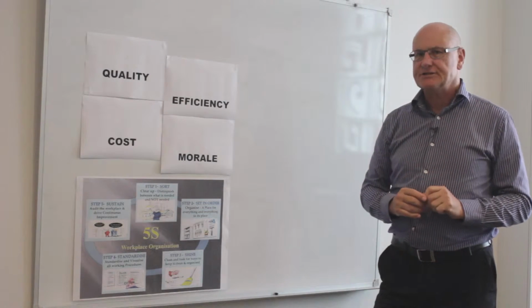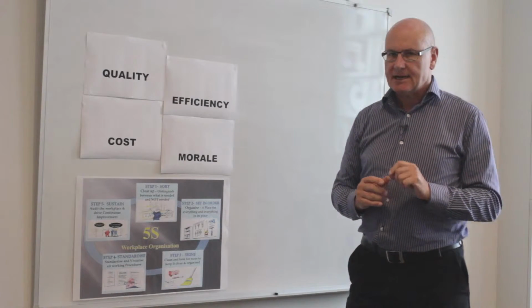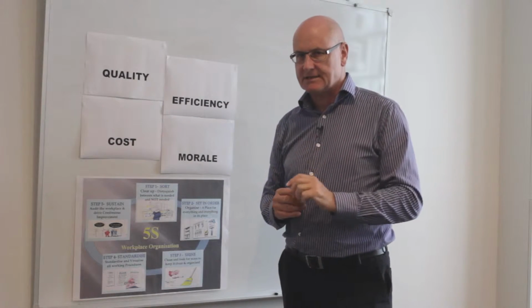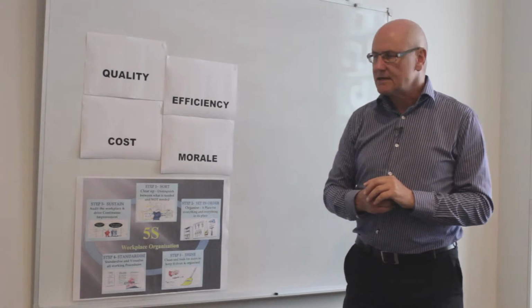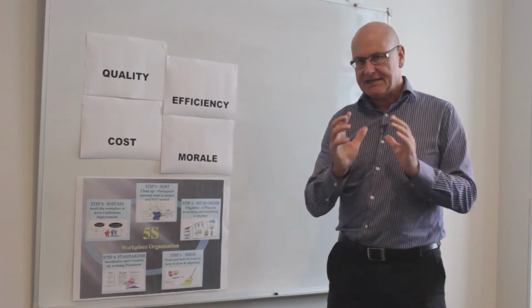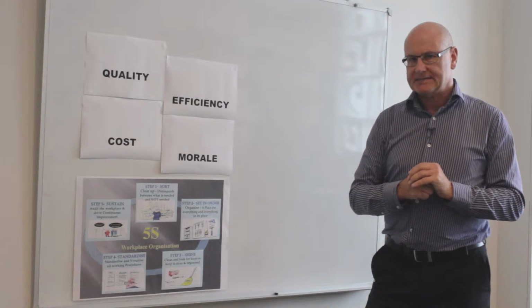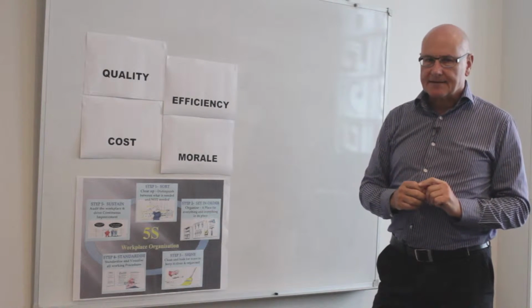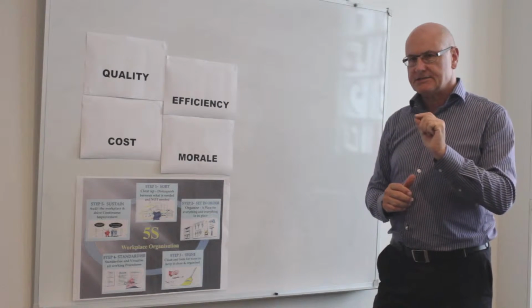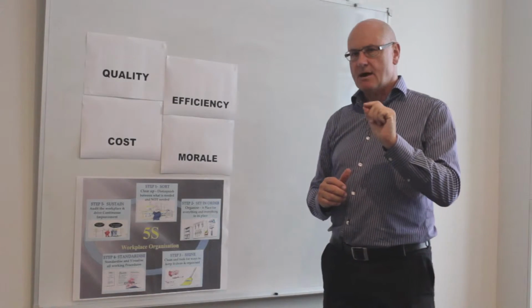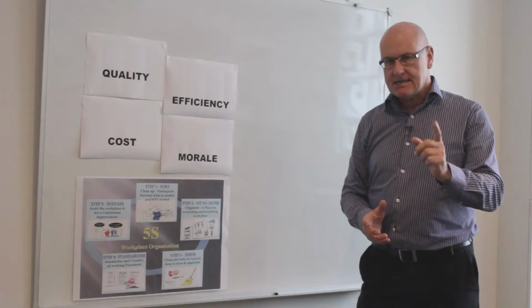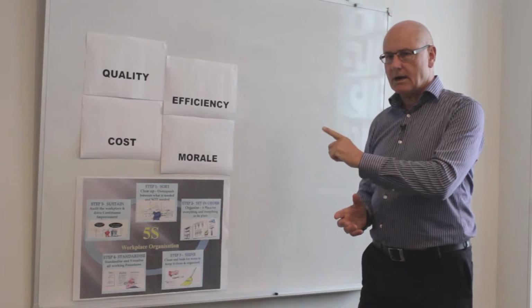Before I introduce you to the 5S elements, I'd like to talk to you about the most important question that you need to ask when you move through each of the 5S elements. 5S challenges our thinking, and the question that you need to ask yourself is why. So as you look around the workplace, keep asking yourself why.